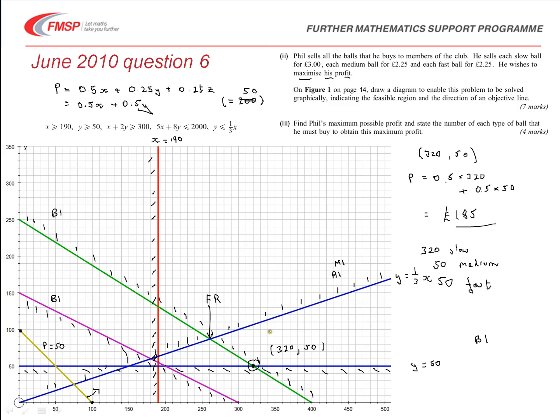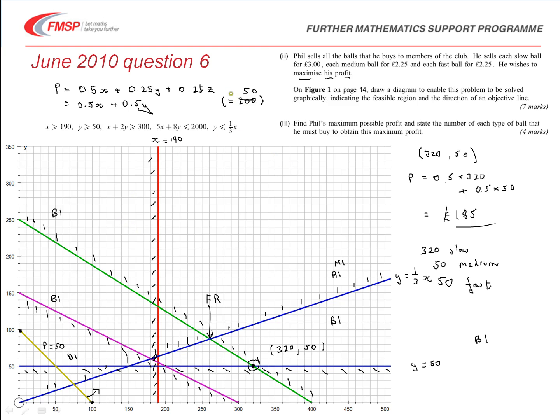Finally then, all the regions must have all the lines correct and labelled correctly, okay, with the shading. That will give you a mark. And then a correct objective line will also give you a mark. So that's your 7 marks for the diagram.